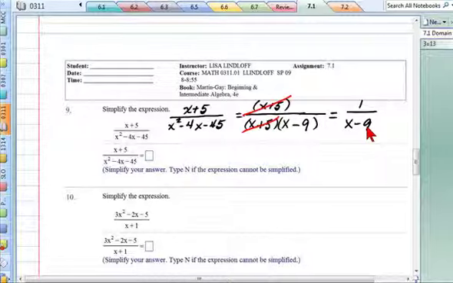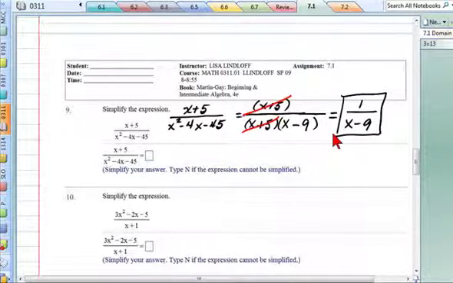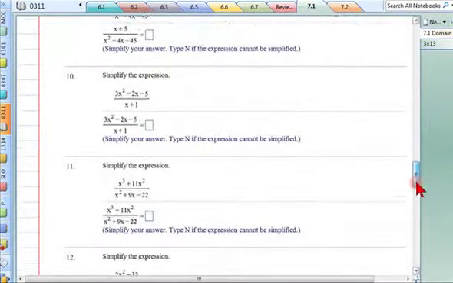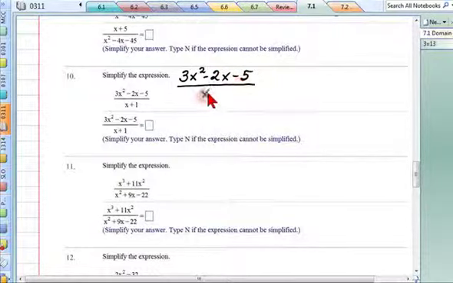A denominator of 1 can be implied. All right. Let's look at 10. Number 10, I have 3x squared minus 2x minus 5 over x plus 1.